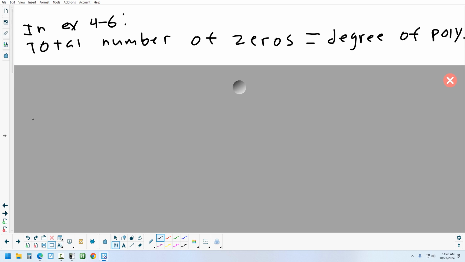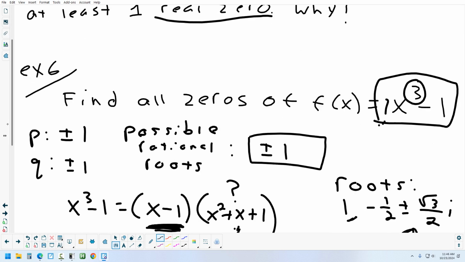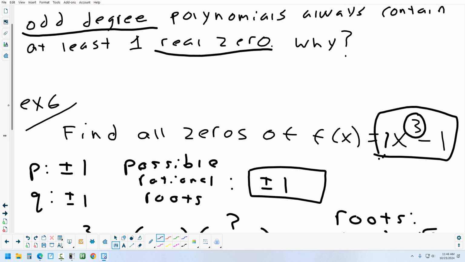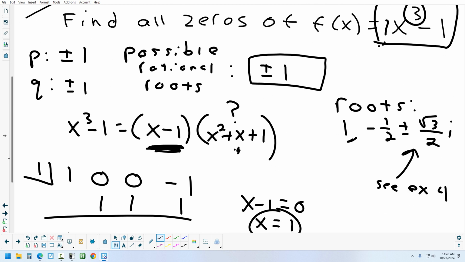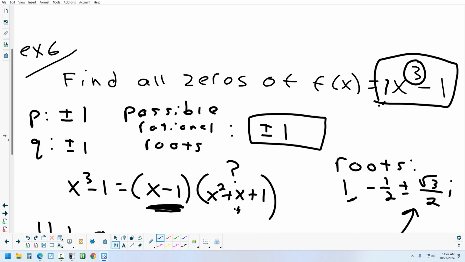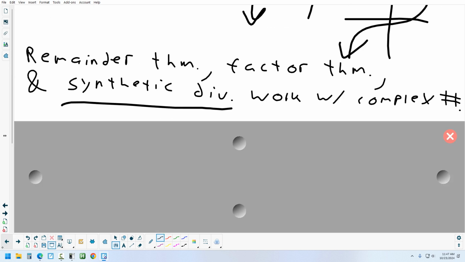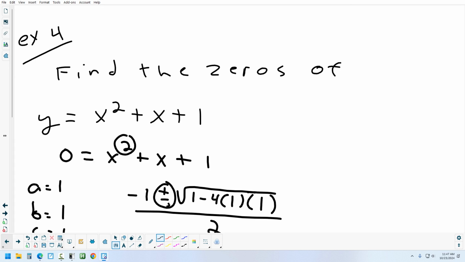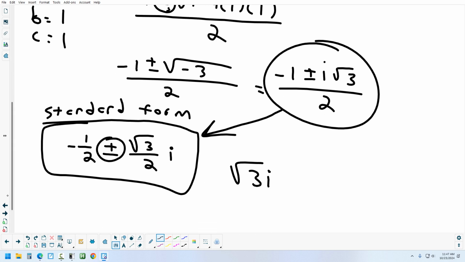So let's just look at a pattern. Let's look at the last example. What was the highest exponent in that problem? 3. How many roots did we get? 3. Right, there's 3 roots there. So the exponent was a 3, and we got 3 roots. How about when we did this problem? What was the highest exponent? 2. How many roots did we get? 2.